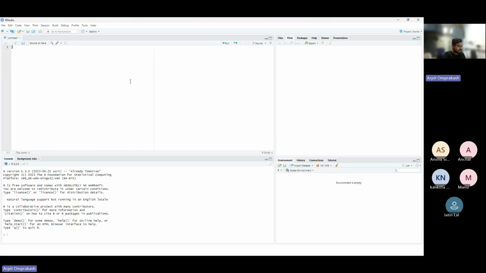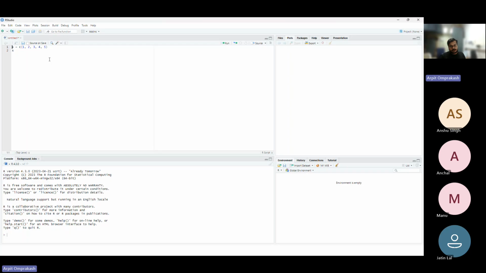So for example, if I say x is equal to c of 1, 2, 3, 4, 5, and then x. Instead of typing all that here repeatedly, if I have to run this set multiple times, or let's say I was writing a piece of analysis which I have to run again and again, I can just write it here in this window and press run.